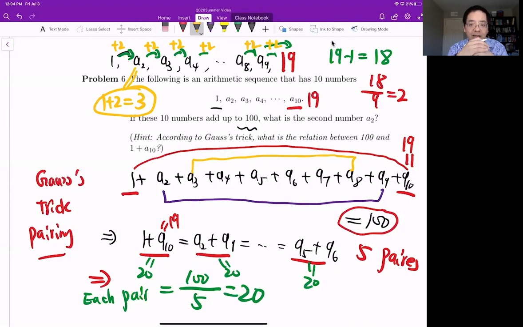Then we figure out the last number has to be 19. Because the last number is in the 10th position and the first is in position 1, to go from 1 to 19 takes 9 jumps. So each jump has to be 2, which means the common difference is 2.